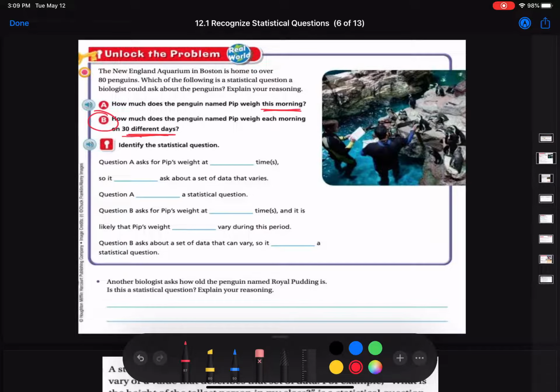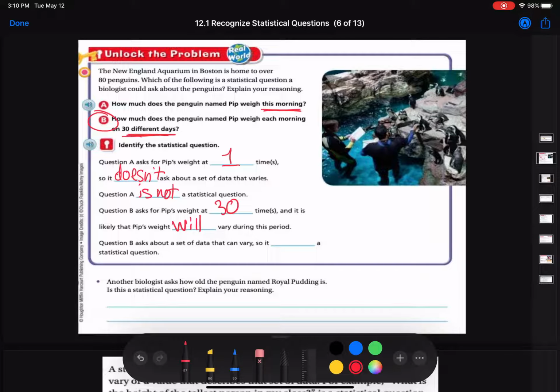Okay, so question A asks for Pip's weight at one time. So it doesn't ask about a set of data that varies, because it's just asking for one time. So question A is not a statistical question. Whereas question B asks for Pip's weight at 30 different times, and it is likely that Pip's weight will vary during this period.